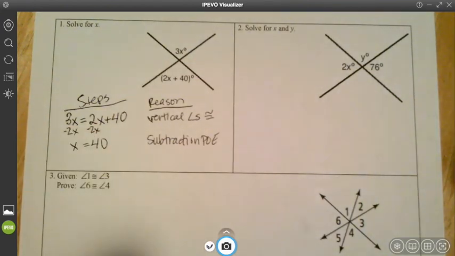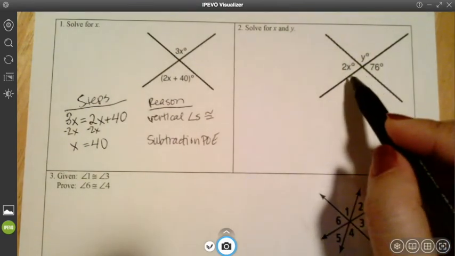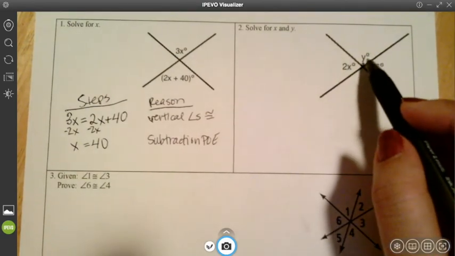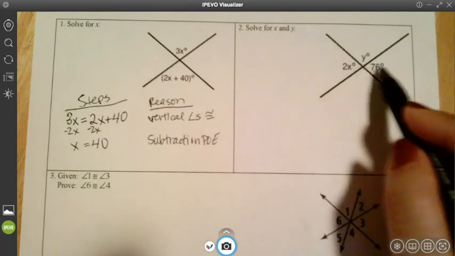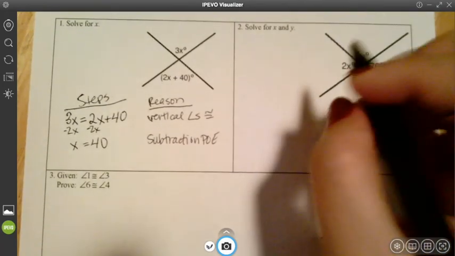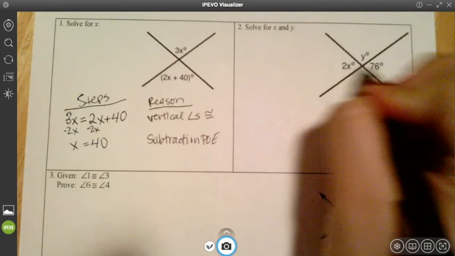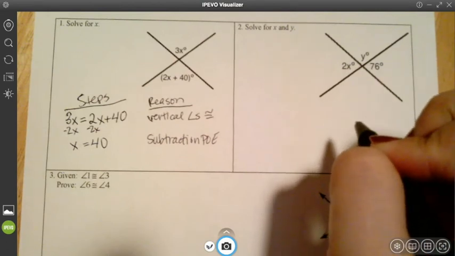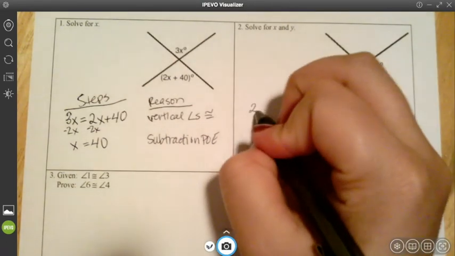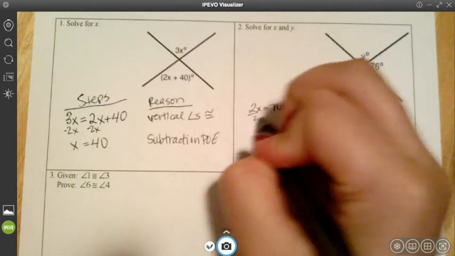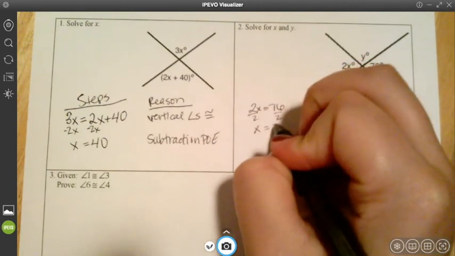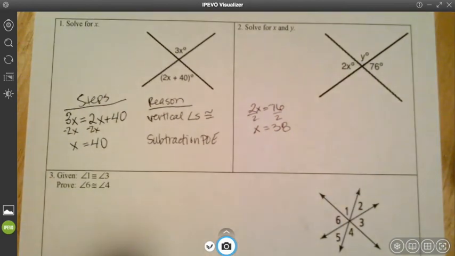On our next one, we want to solve for x and y. So it doesn't really matter which one we solve for first. Let's do x, just because of alphabetical order. That's the only reason. So if these two angles are vertical, then they must be congruent. So 2x equals 76, divide by 2, x equals 38.